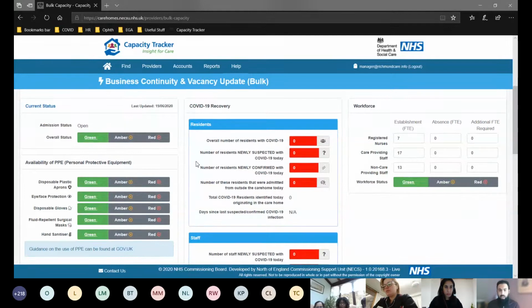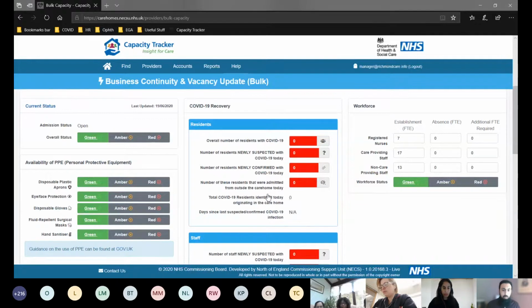But if there is anybody in your care home that does have suspected or confirmed COVID-19, it is still necessary for you to update your local authority or the people who have commissioned in that local area to see if there's any support that they can provide. So for Public Health England instances, they would class 2 as an outbreak. But if you do have 1, then please contact your local authority or your local commissioner to just advise them that there is suspected or confirmed COVID-19 in the home.